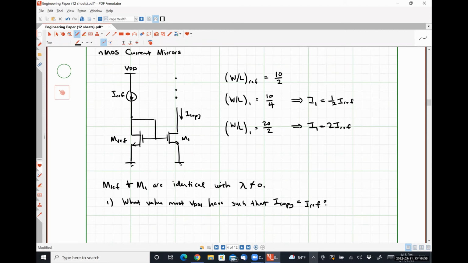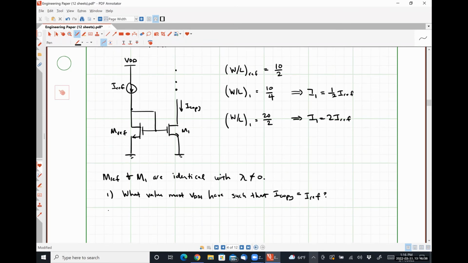Honestly, kind of a no-brainer. And then number two, what error occurs in iCopy if M1 is operating at the edge of saturation?